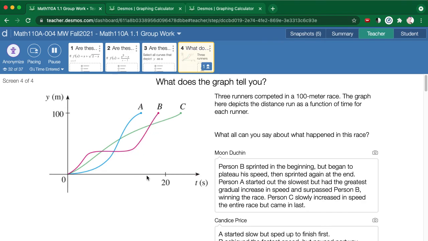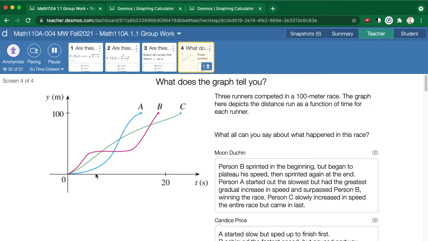So, I think this is a really interesting example of how much information you can get from a graph. And all of the information that we get from this graph is stuff that we will be looking at over and over and over in this class, talking about rates of change, the rate at which these runners are running.